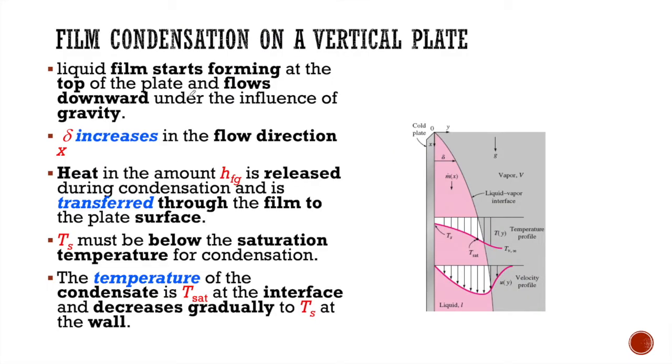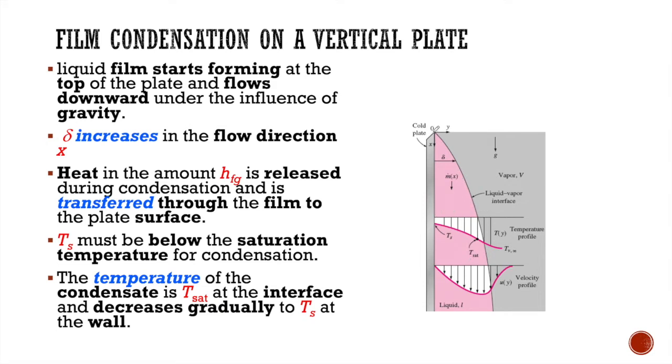Okay, so film condensation on a vertical plate. As we can see here, delta is the thickness, from here to here.